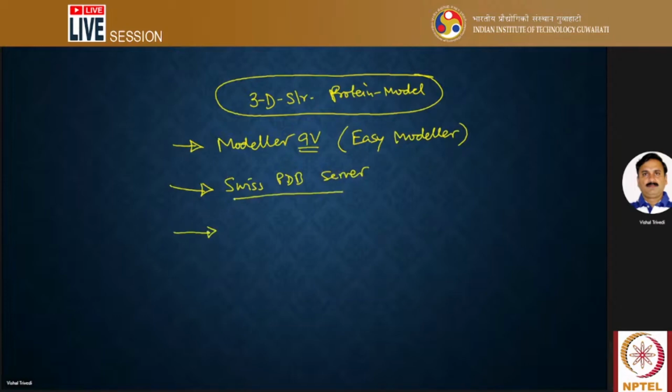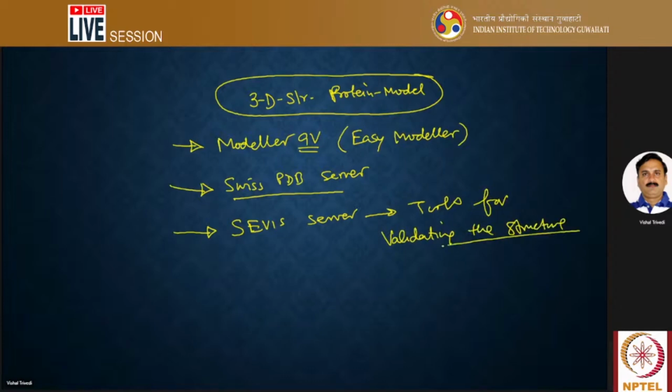And after that, you can use the SAVES server, and that server has the tools for validating the structure, because once you prepare the 3D structure, you also need to have the validation of the structure, right? So in the validation, for example, you can do the Ramachandran plot, and you can do the Verify 3D.